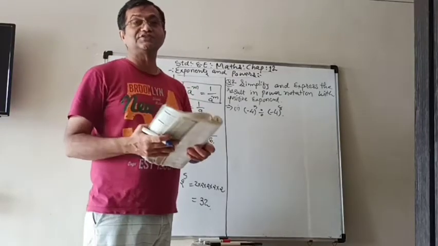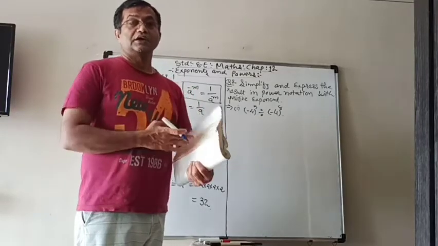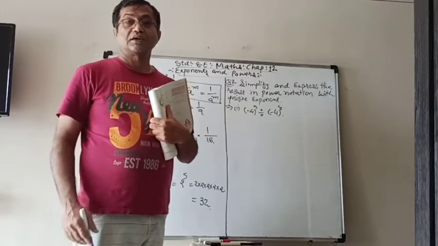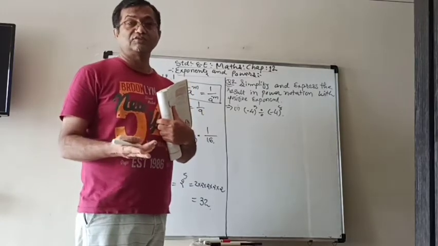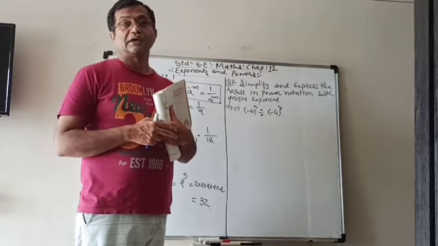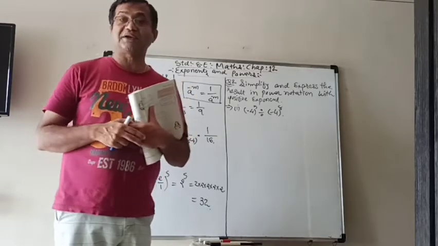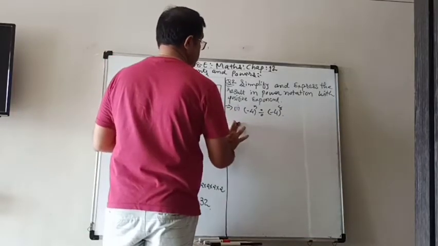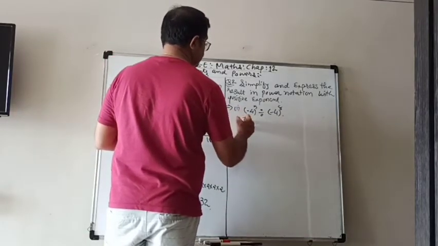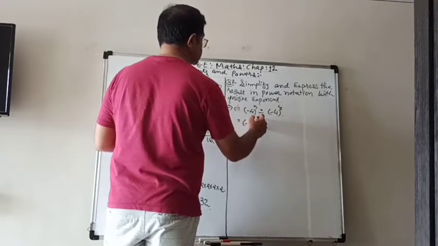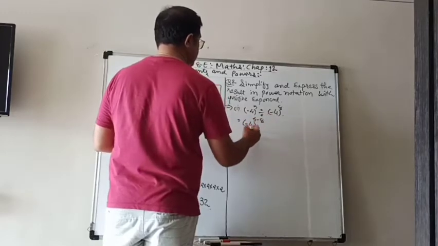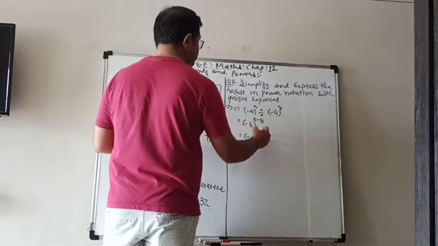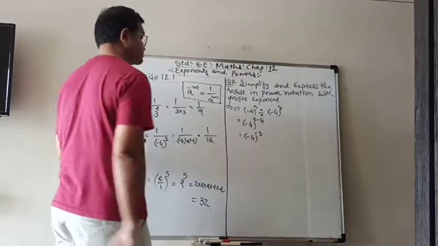Now we learned the rules, in which the second rule was that when there is a division with the same base, then the powers are subtracted. So applying that rule here, it will be minus 4 raised to 5 minus 8. But 5 minus 8 becomes minus 3.